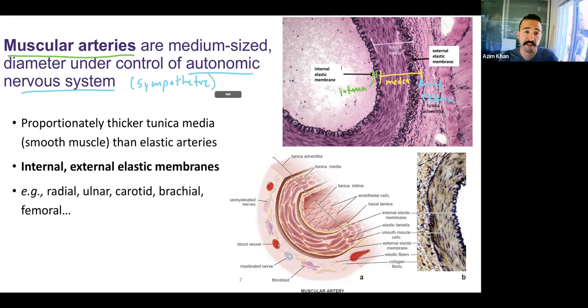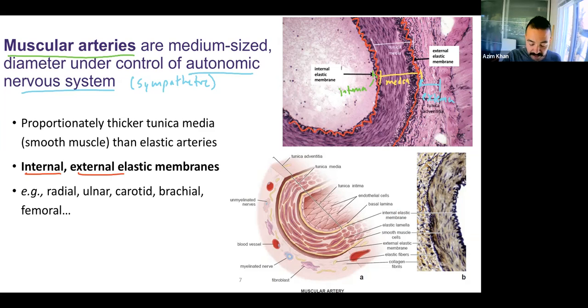The stomach is both under sympathetic and parasympathetic, or the heart is under both sympathetic and parasympathetic. It also has internal and external elastic membranes, like what we saw for the elastic arteries that forms the border of tunica media.